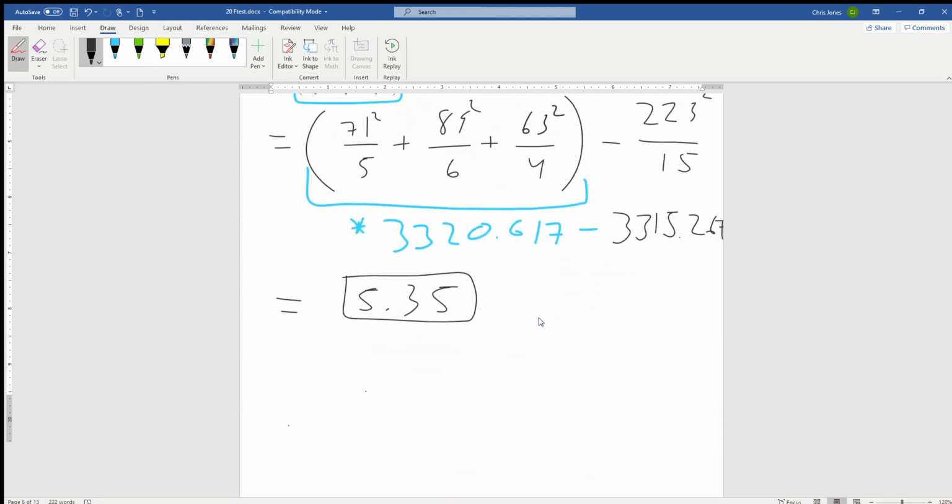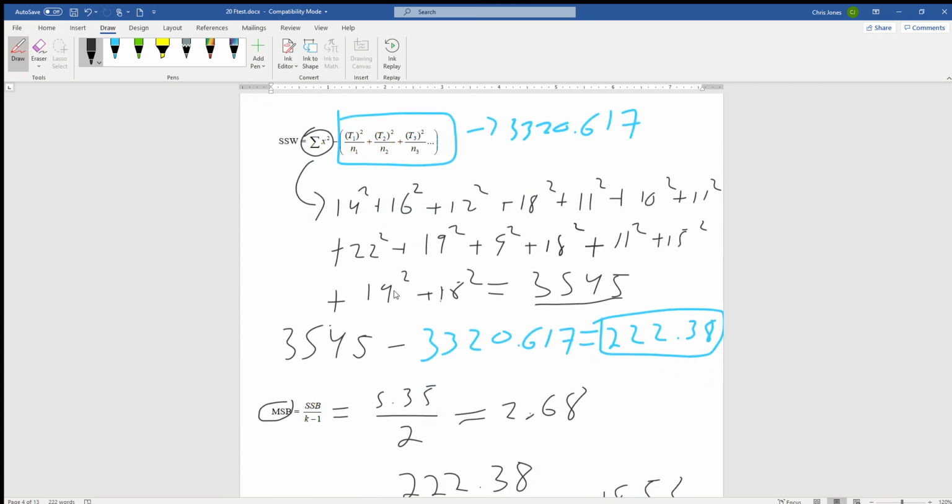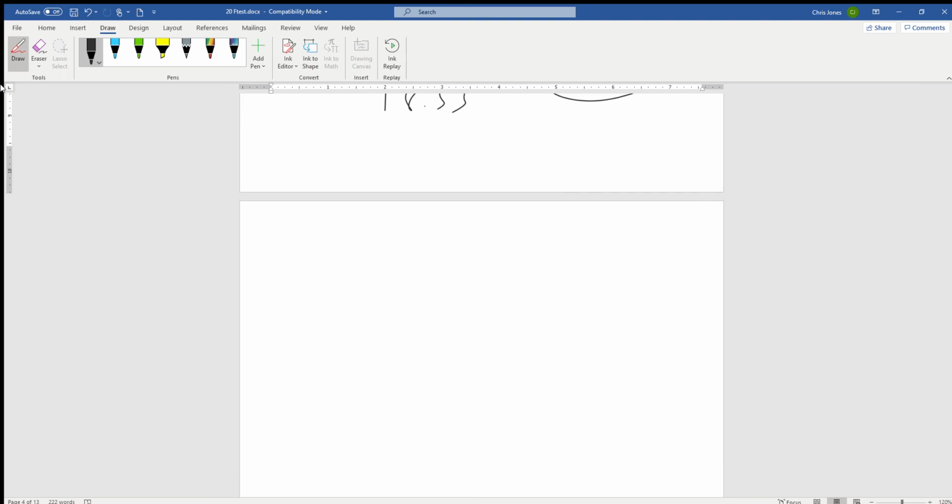We're going to go back up and plot that value. 0.145 clearly falls in the fail to reject region. This is our F statistic, which is 0.145, and this is our F critical value that we found a long time ago. What this says is that there's not enough evidence to suggest a significant difference in the average tar content.